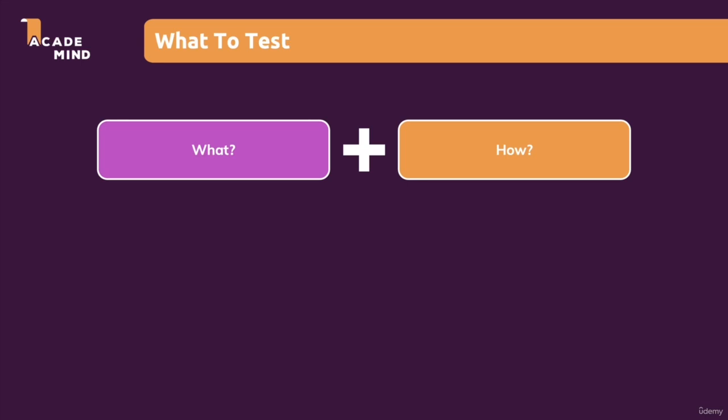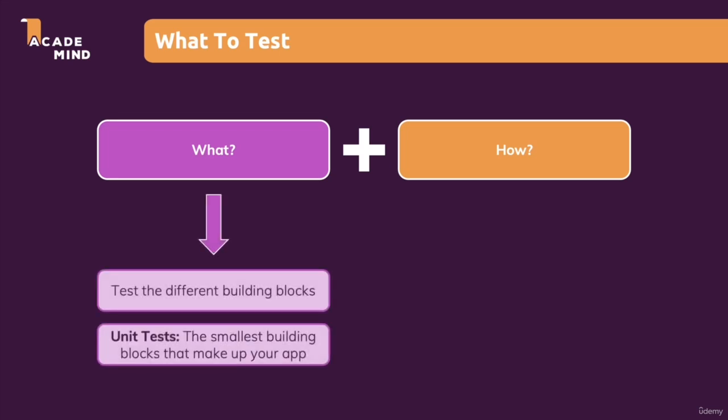Now, when it comes to what to test, then as mentioned for unit tests, you want to test the different building blocks that make up your application, and you really want to test small building blocks so that you have small, focused tests that only test one main thing each, so that you really have a lot of focused tests which then also fail for a clear reason, if they do fail, instead of having a few large tests which could fail for all kinds of reasons.